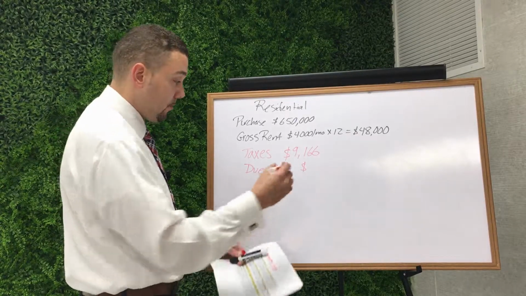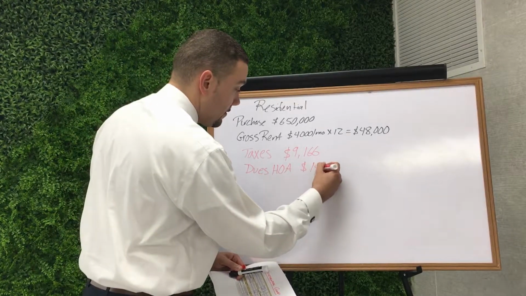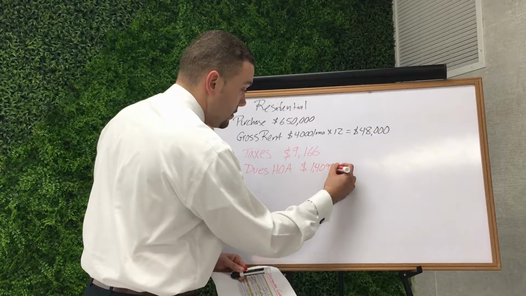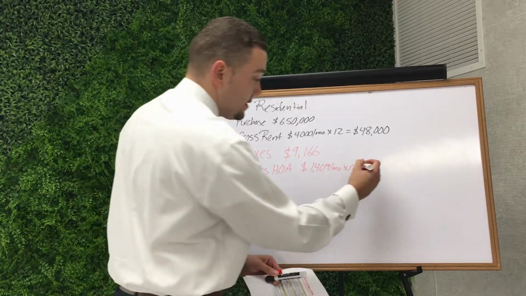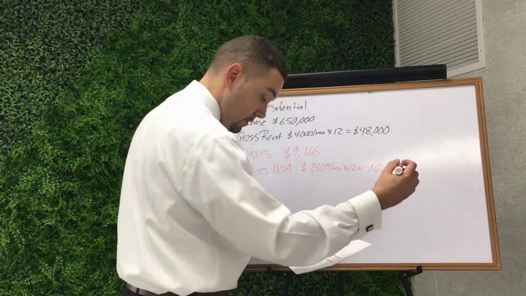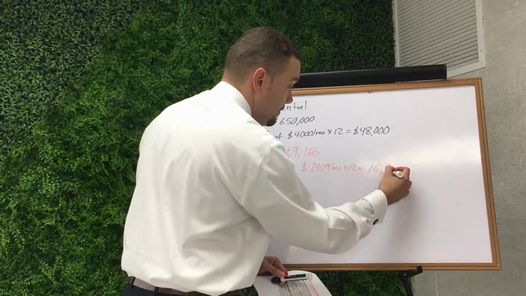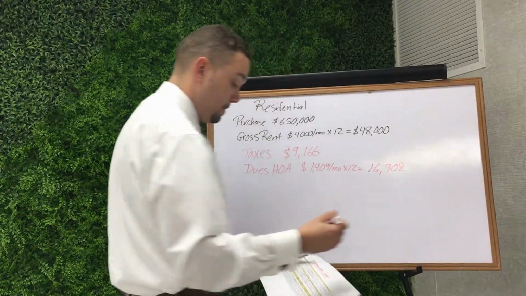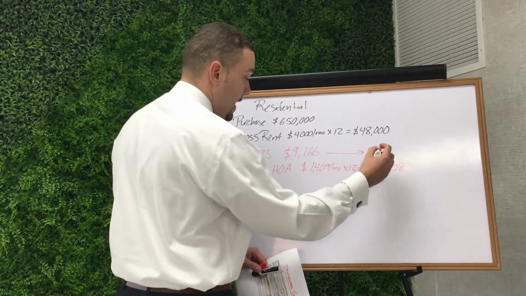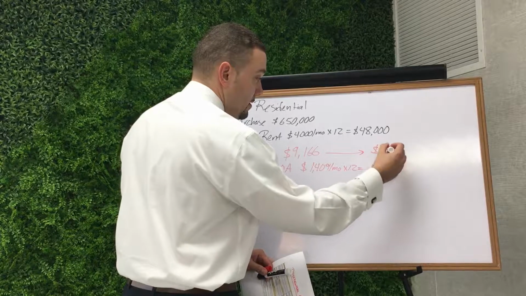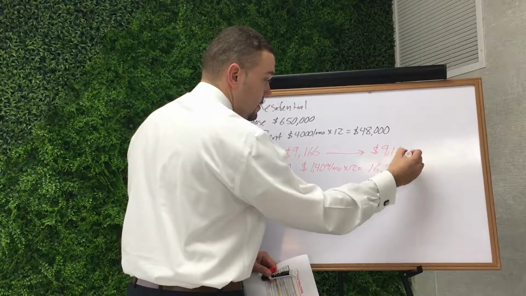So when you do it for the year, 1,409 per month times 12 equals 16,908. So now if we take this number, which is our taxes, 9,166.